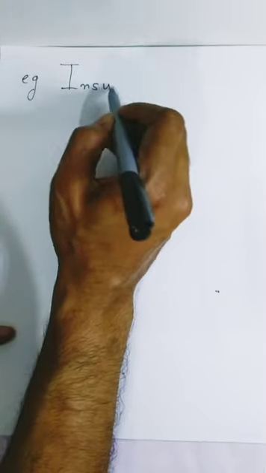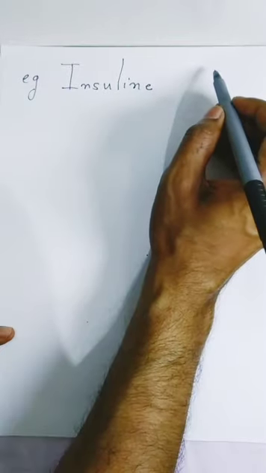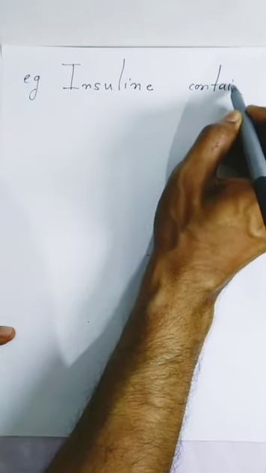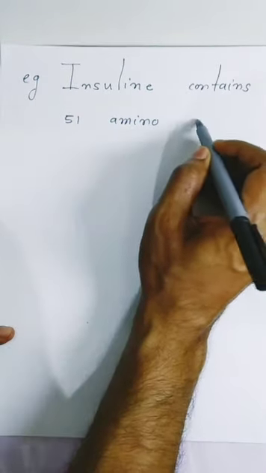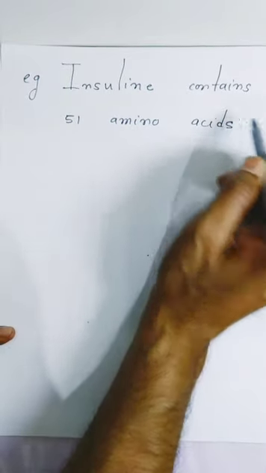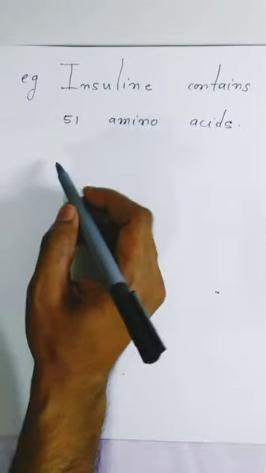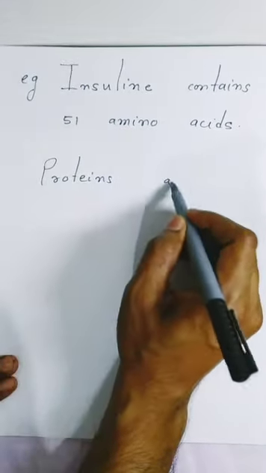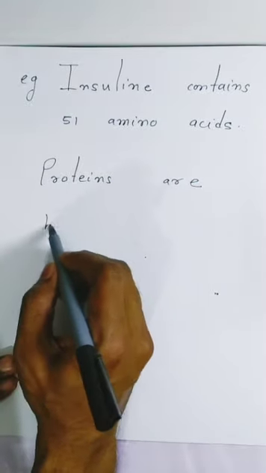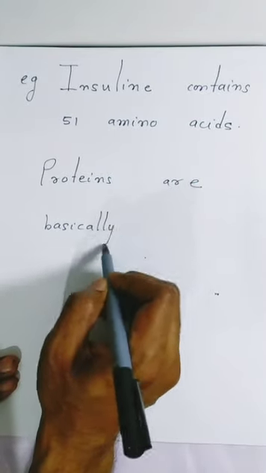Insulin is a protein which contains 51 amino acids. So therefore, students, we can say proteins are basically polypeptides.